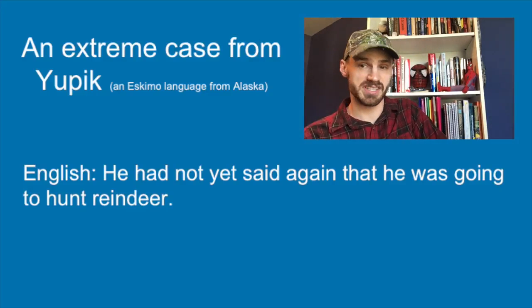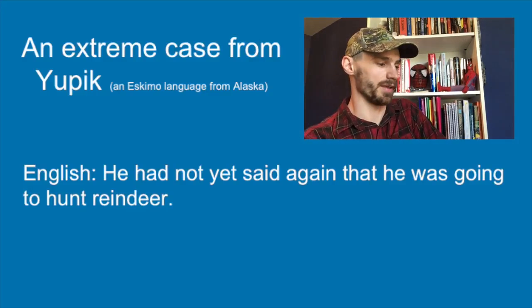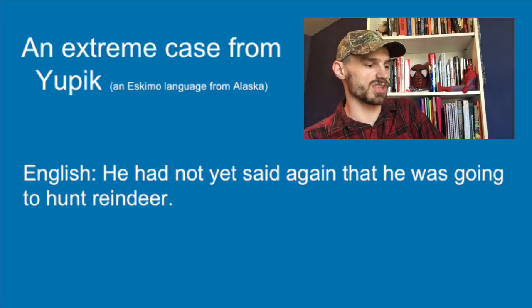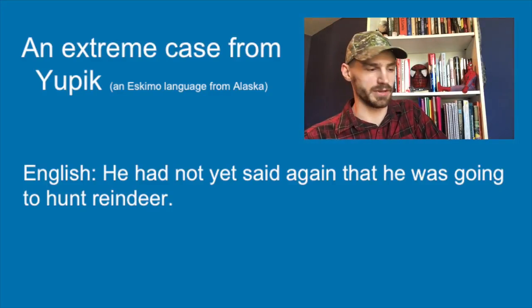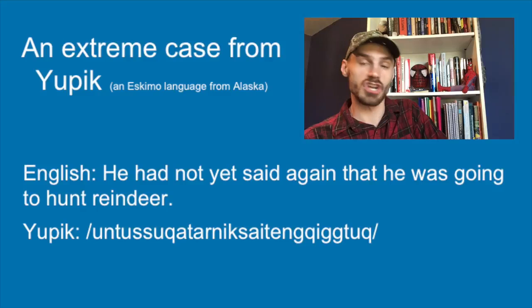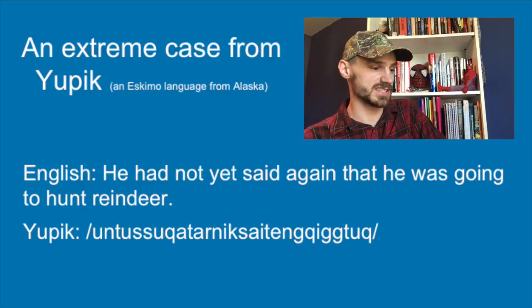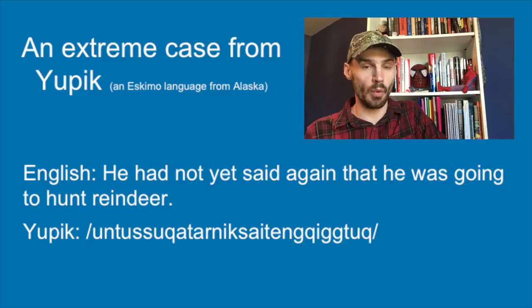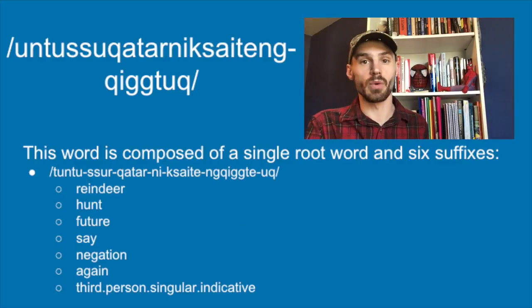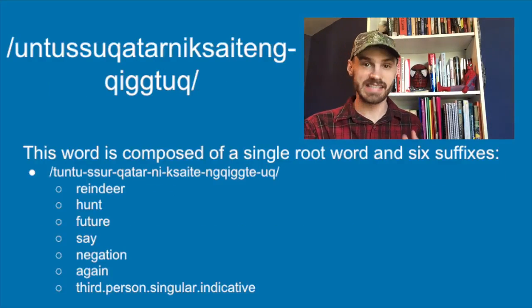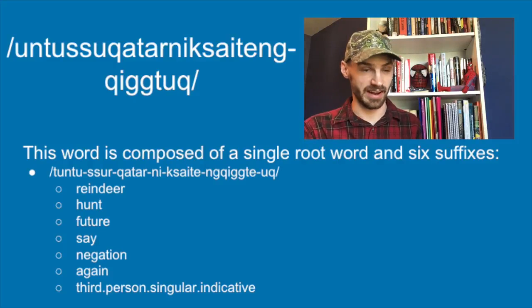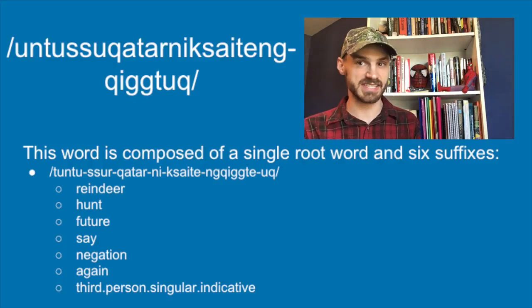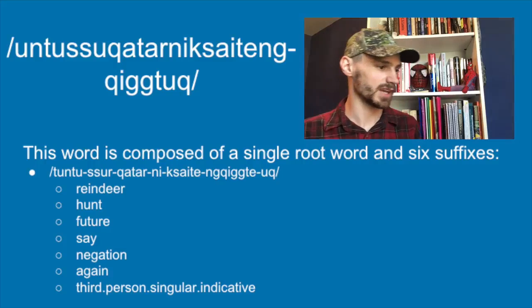In order to express this sentiment in Yupik, this is the word that they would use. So what takes us an entire sentence and 14 words, they can say that all in just 1 word. And this 1 word is a single root word, reindeer, followed by 6 suffixes.